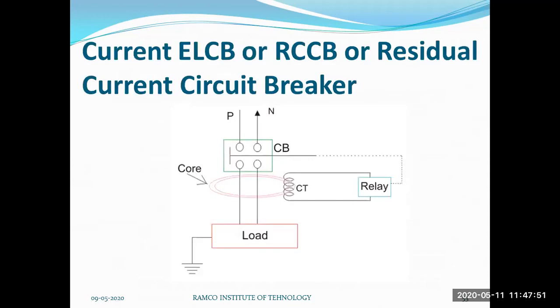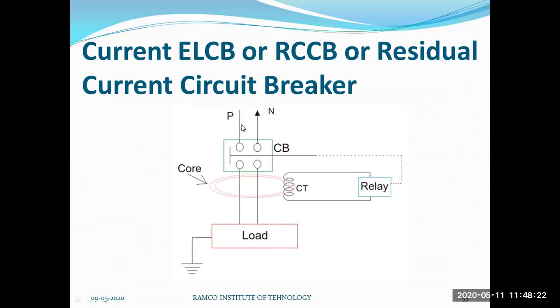Here you have a current earth leakage circuit breaker, or residual current circuit breaker. This is the circuit diagram of your current earth leakage circuit breaker. Here the amount of current flowing into the phase will be the same as flowing in the neutral. If the current is passing in this direction in the phase, it will go into the load and return through the neutral wire.